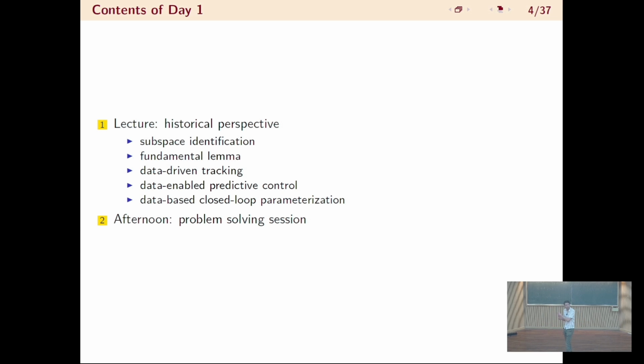And I will highlight some of them, namely data-driven tracking, predictive control, and a way to parameterize closed-loop systems using data. So these 3 methods are basically applications of the fundamental lemma. And then in the afternoon, we have a problem-solving session on these topics.